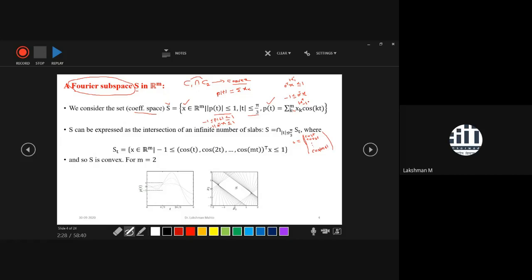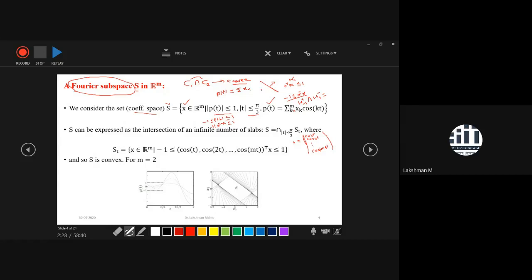But if you take the intersection of h minus and h plus, that means the half space with respect to this hyperplane, and h1 minus, then what is this? This is a slab. So you can draw like this one. Suppose the direction of a is something like this way. This is the direction of a.